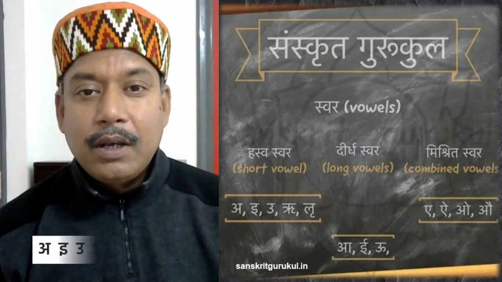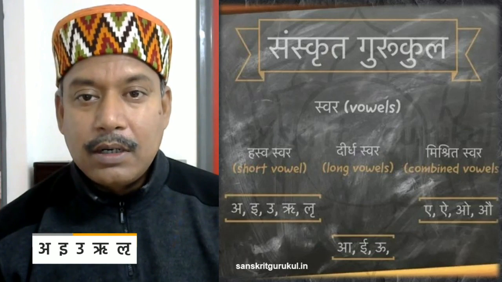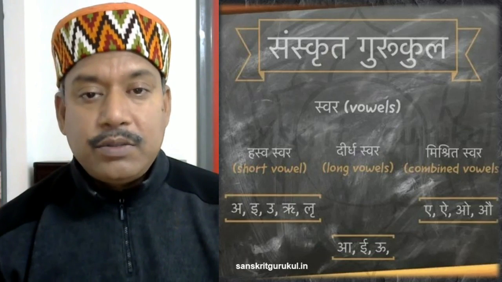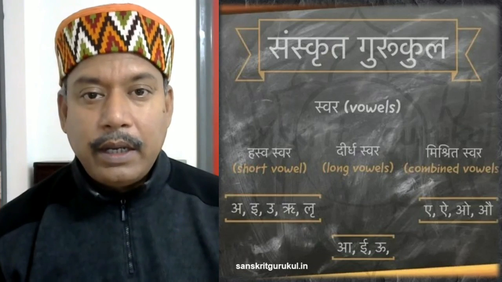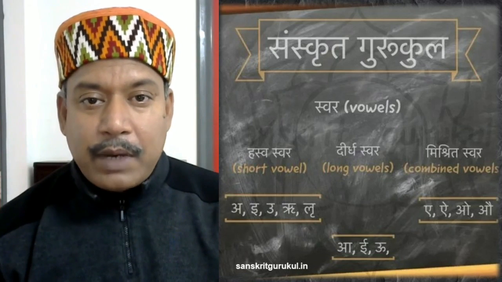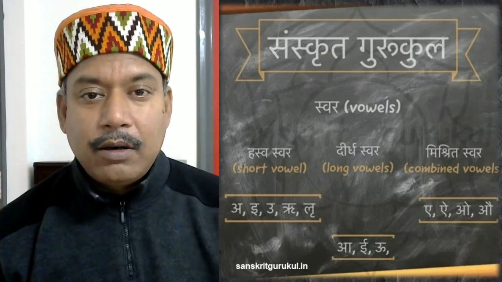So the duration needed for blinking once is hrasva. Double the time is needed to articulate the dirgha. So the five short vowels a, i, u, ri, lri, each one of these vowel sounds can be pronounced in a time span which we find by blinking once or by snapping once, chotika.